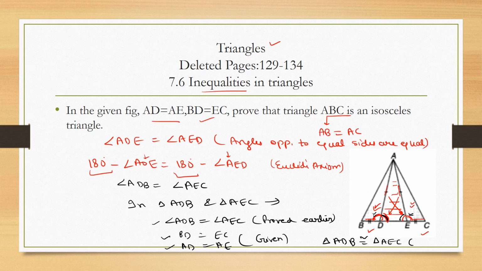Two sides, one angle. SAS. Hence, I can say that these two sides are equal because these are the corresponding parts of congruent triangles. And hence, if two sides are equal, it is an isosceles triangle, right? Let's move on to the next thing.